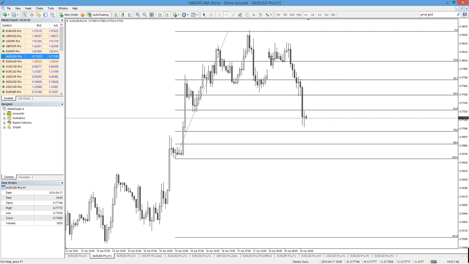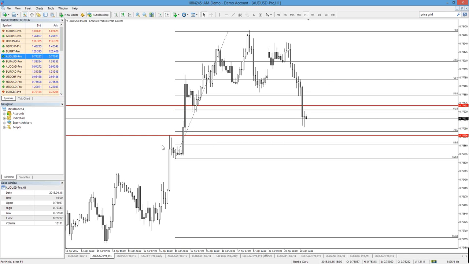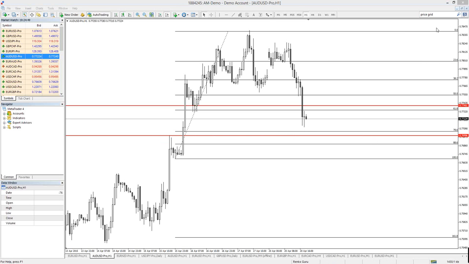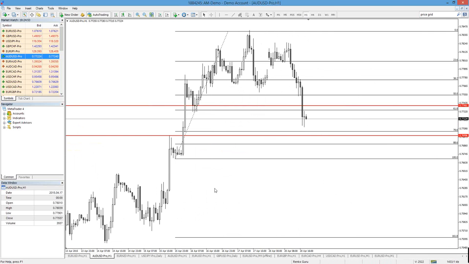This level was very important for me today, 7740. I did the analysis early in the morning. Okay, it came to 55 and then it went up, but now I see this zone here as very important. Look, previous swing, 78.6 Fibonacci, so I will be looking to buy. Yeah, I know you draw Fib from this bottom, but I didn't.